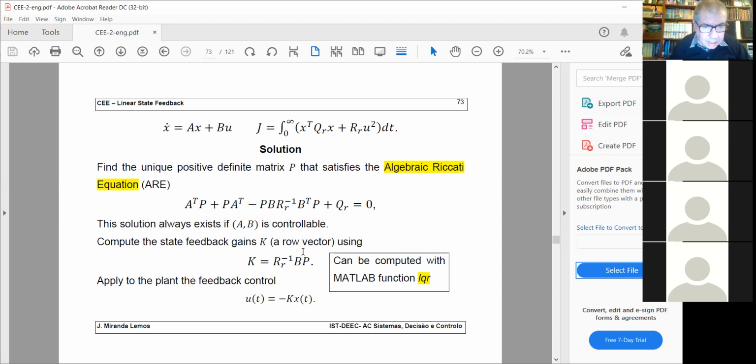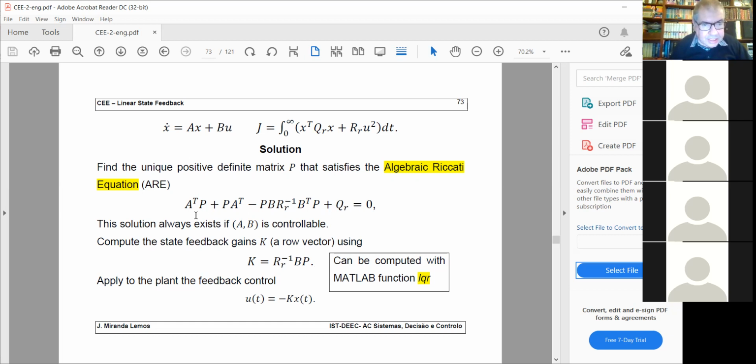And probably there is a transpose missing here, because this is B transpose P. I'm sure, because K is a row vector, P is a matrix, and you multiply on the left by a row matrix. B is a column vector, so B transposed is a row vector, so this is B transposed.